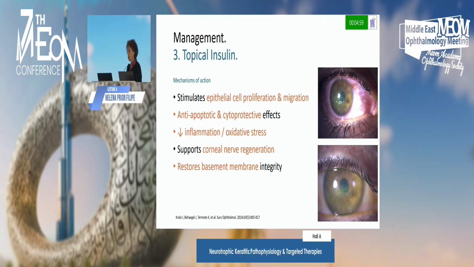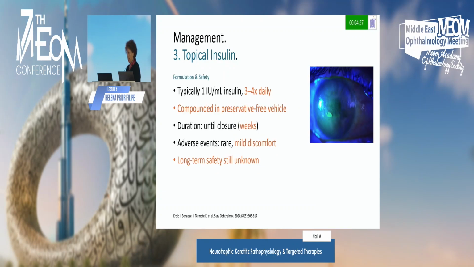Mechanisms of action for topical insulin: stimulating epithelial cell proliferation and migration. It's also an anti-apoptotic and cytoprotective element. It reduces inflammation and also reduces oxidative stress, supports corneal nerve regeneration, and restores basement membrane integrity that is completely injured in this case.